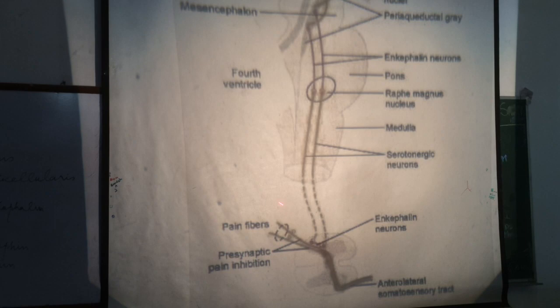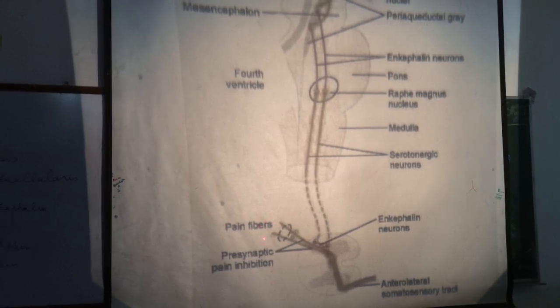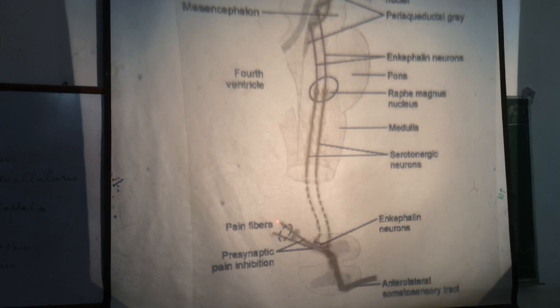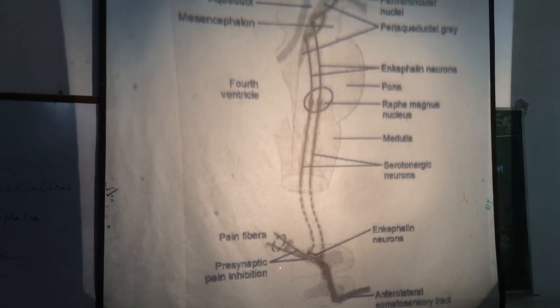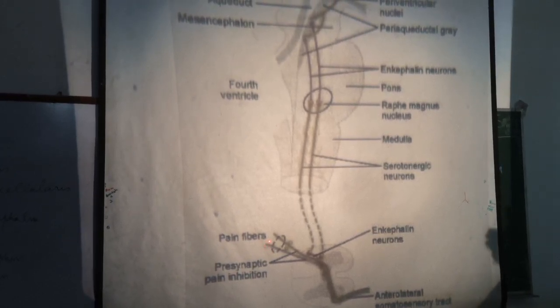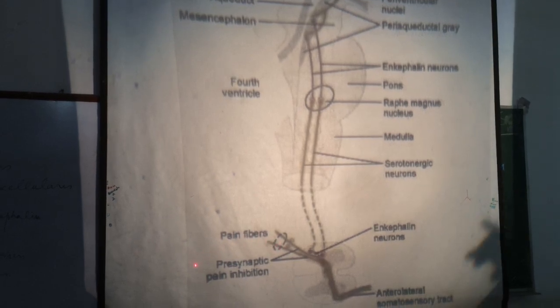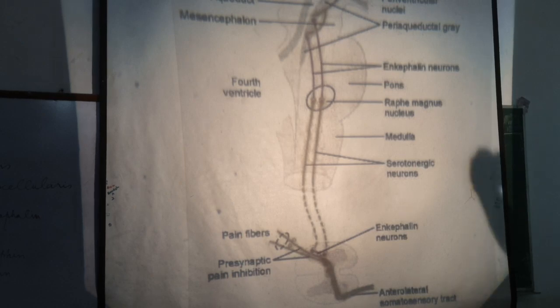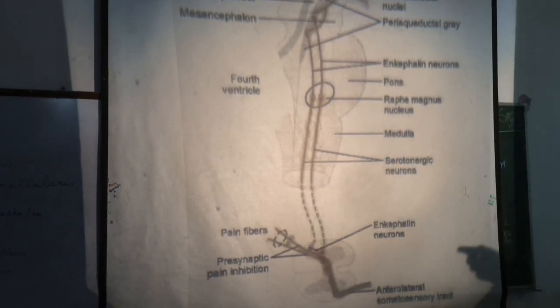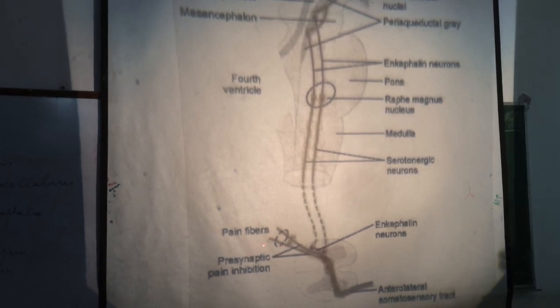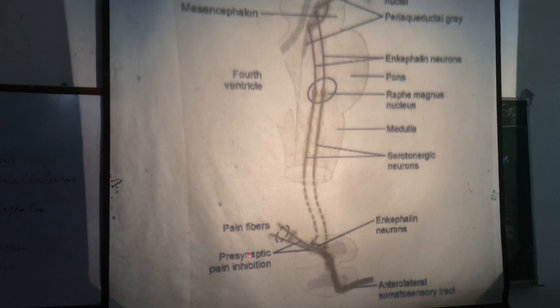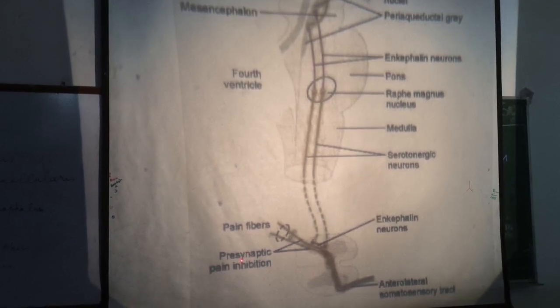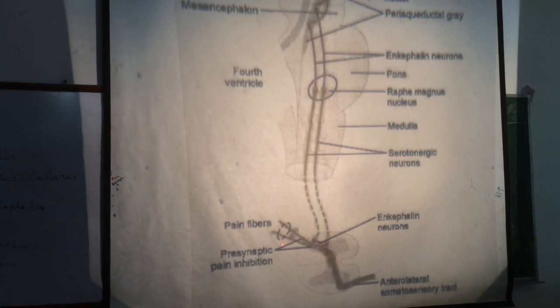So there is presynaptic inhibition of pain impulses at the entry point into the spinal cord, because in the dorsal horn there is a pain inhibitory complex containing enkephalin neurons.